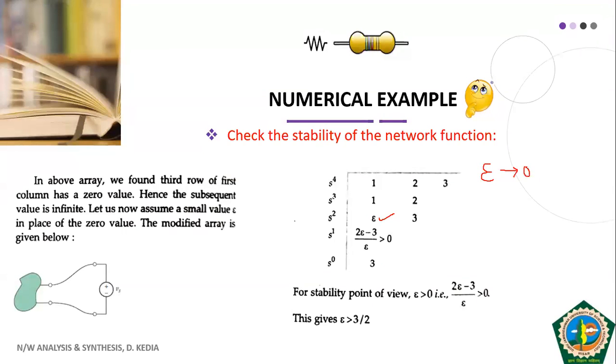It is not 0, it tends to 0. Or you can say it is a very small value, which is 0 plus something more than 0. So that we can call epsilon positive, and that is a very reasonable assumption that we are making here. So instead of 0 we will replace 0 by epsilon.